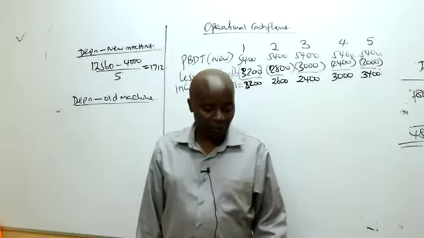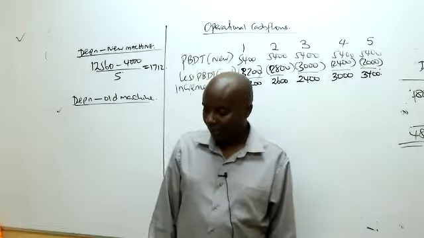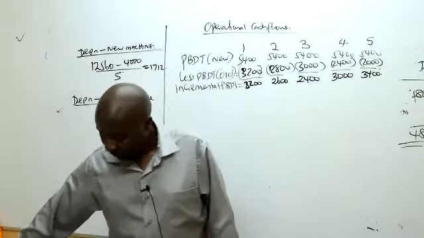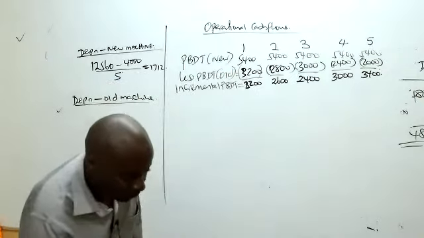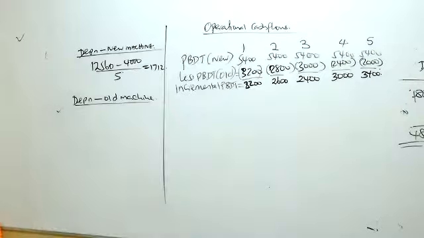I'm waiting. I'm giving you 2 minutes. I'm waiting for the answer for the old machine. Mohammed, that's not right. Old machine, thank you for trying, but that's not right.